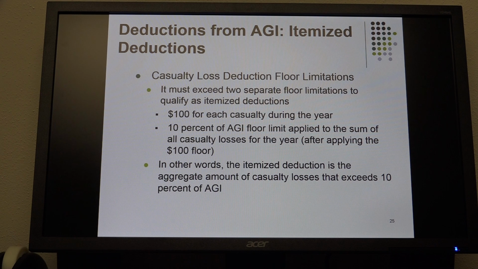You're going to deduct $100 from the $2,000 casualty. So each casualty gets a deduction of $100 right off the bat. And then on top of that, you're going to deduct 10% of AGI off both of those casualty losses.